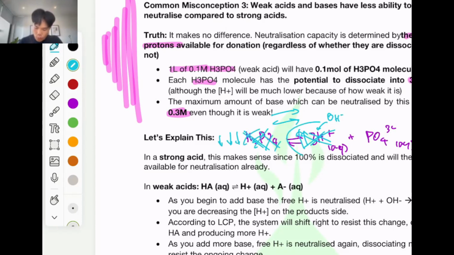And you've moved all of it into H plus, which means even if an acid is weak, you can continually shift equilibrium right by neutralizing until you actually neutralize all of that weak acid, regardless of whether it is very, very weak or very strong. The amount of protons you can neutralize is determined by the concentration and proticity, and that's all that matters for neutralization capacity.